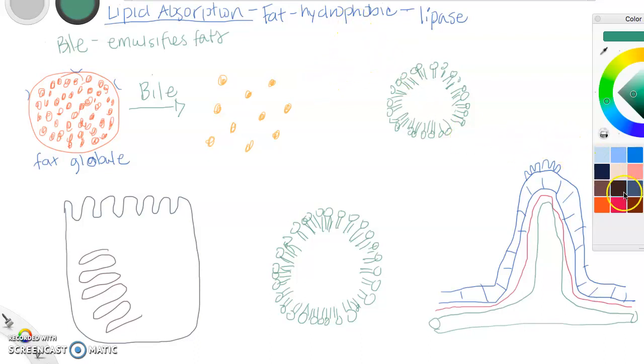So lipase has a helper molecule called colipase, and it will contact the little droplets, and that will allow lipase to be able to contact the droplet as well.